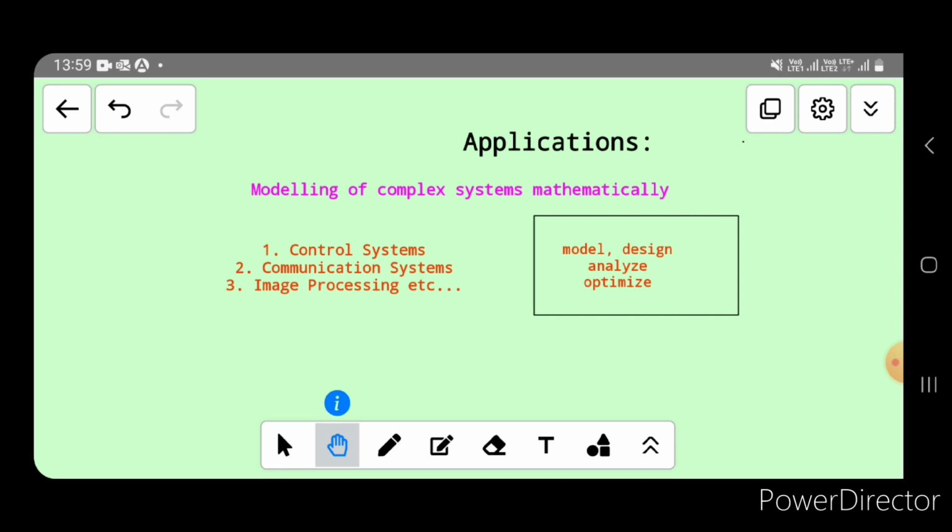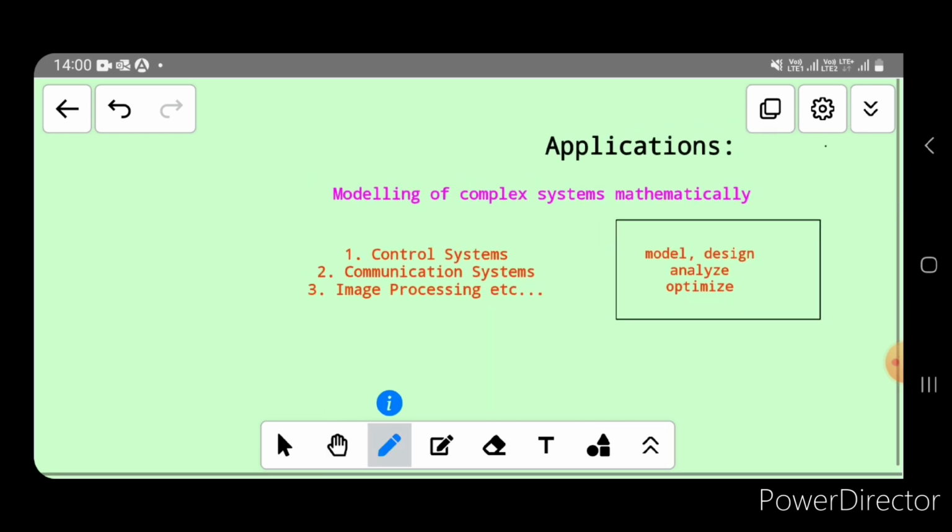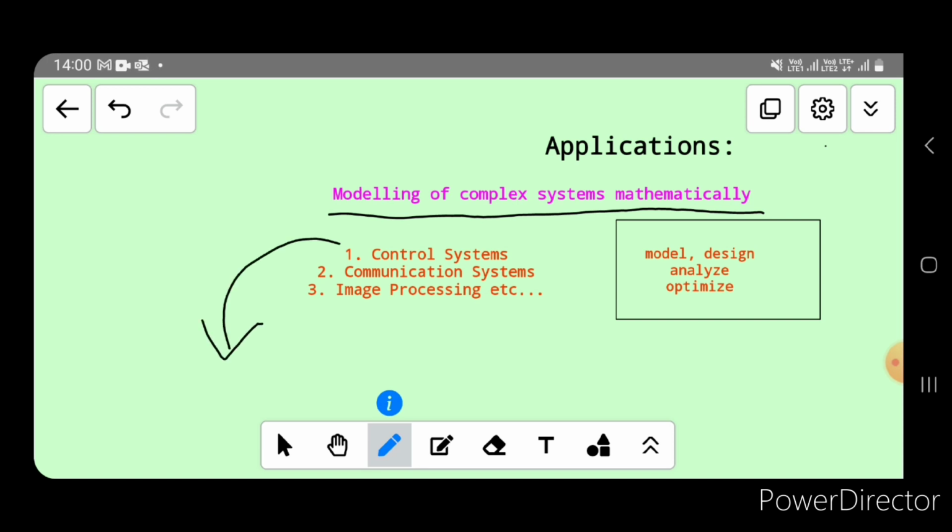We are going to learn about all of this in our engineering curriculum as different subjects. To answer just our one question, how a signal is used in modeling a complex system mathematically, let us take any system. Let's take a control system here.